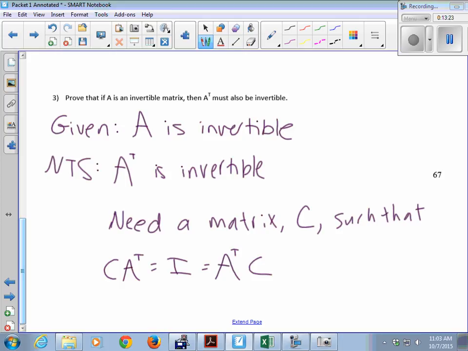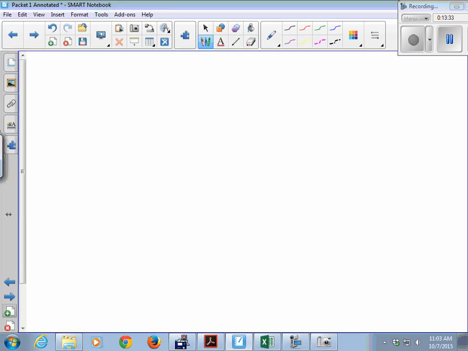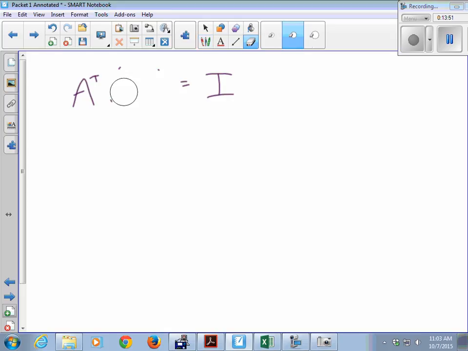Okay. Good question. Does anybody have a wild guess of what might work? Like A transpose times what will give you the identity? A inverse? Okay, let's try the inverse of A. Well, the inverse of A transpose, yeah, but that's what I'm looking for, right? Like I need just A? Okay.